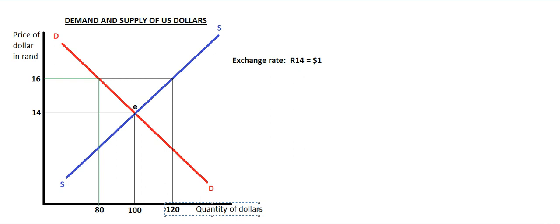Obviously, if you are a buyer, you want a lower price. If you are a seller, you want a higher price. So at 14 Rand, the market was in equilibrium: 100 people wanted to buy, 100 people wanted to sell. But if the Rand depreciates to 16 Rand, we can see that the quantity demanded decreases to only 80, and the quantity supplied increases to 120.